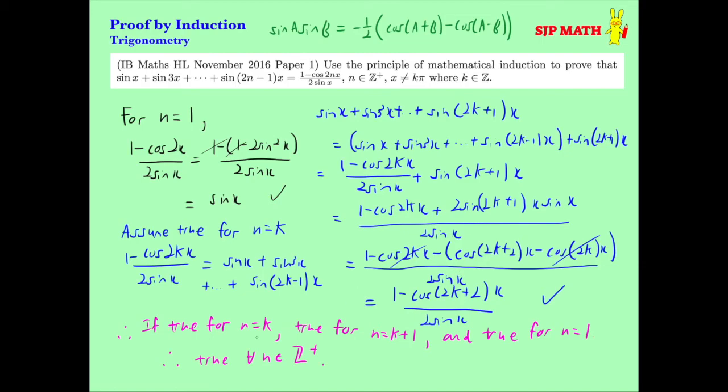Or you can add a phrase like by the principle of mathematical induction, if you want to be specific or precise about your language. But this line will just do, because by these two steps you have proved it's true for all n in the positive integers.